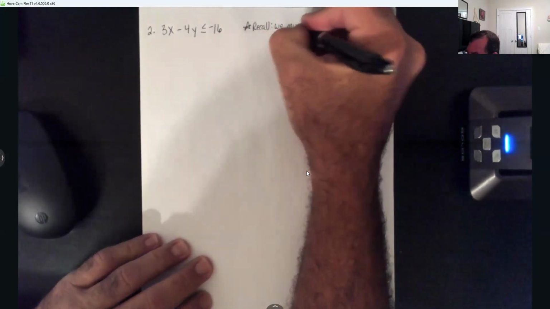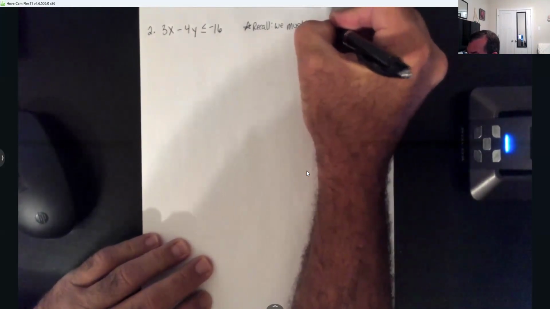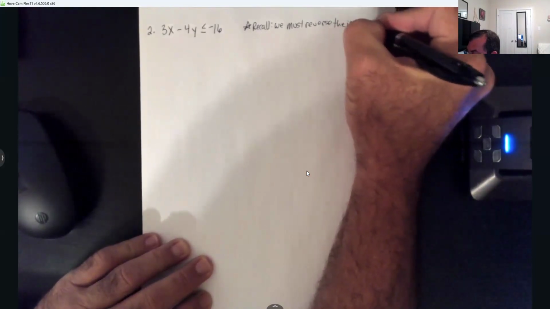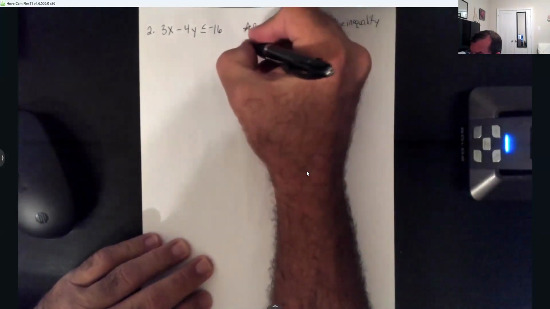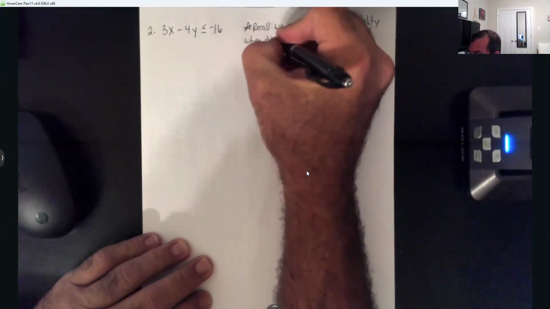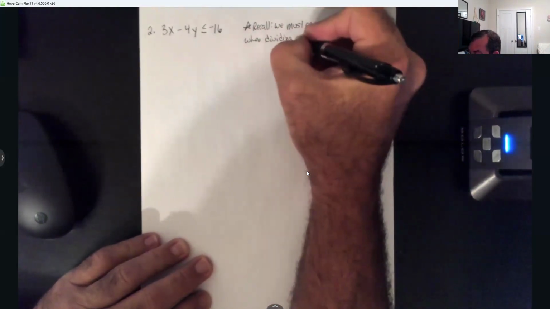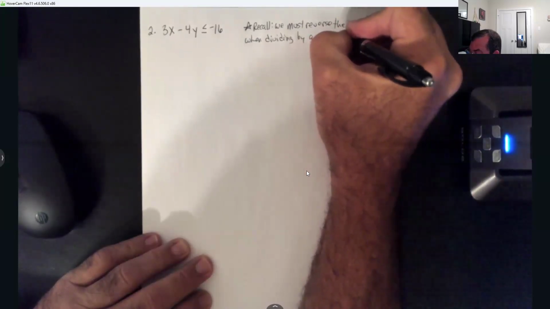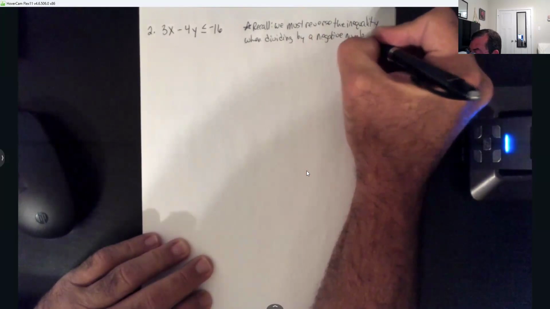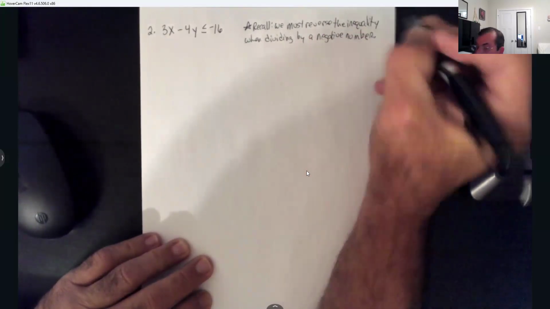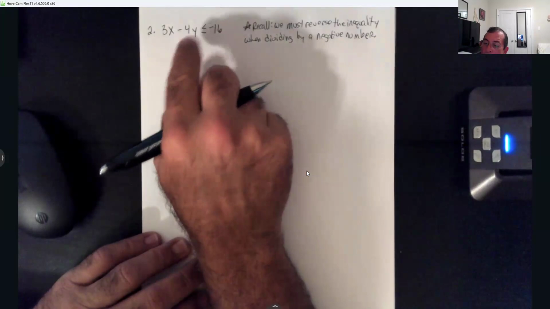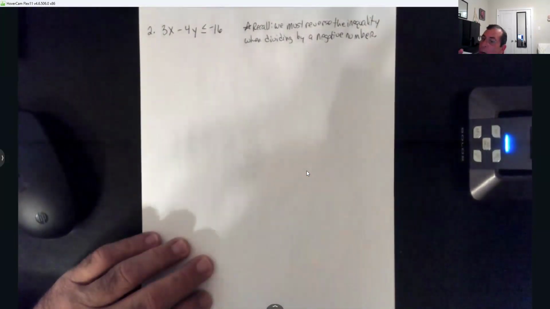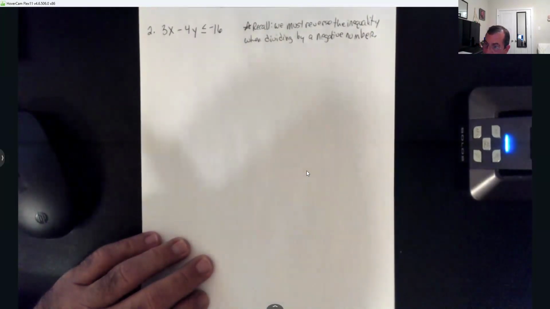We must reverse the inequality when dividing by a negative number. Okay, so if you're solving an inequality and you got to divide by a negative number, you got to turn that inequality around and face the other direction, okay?